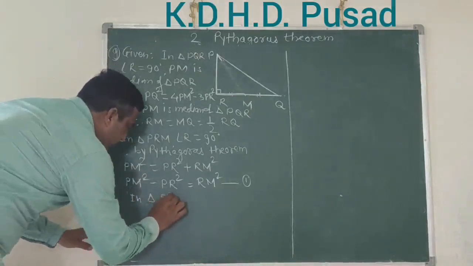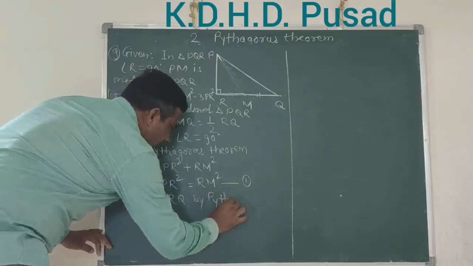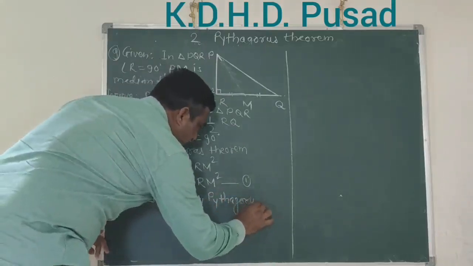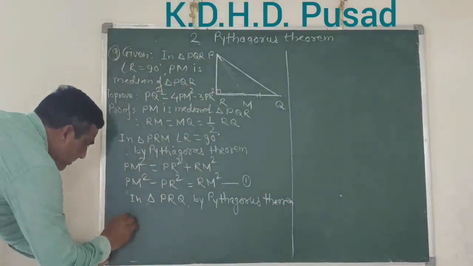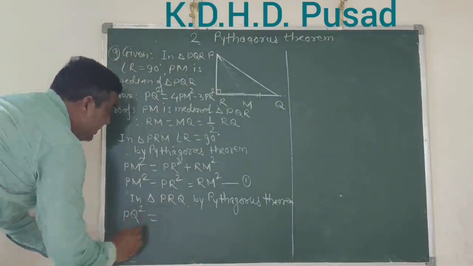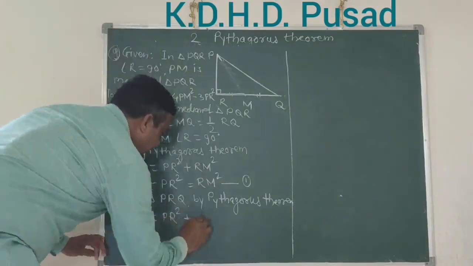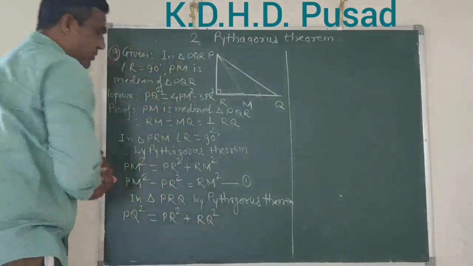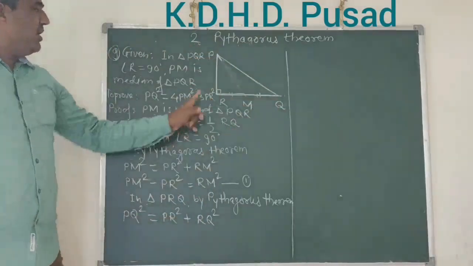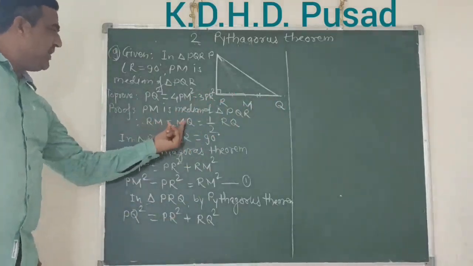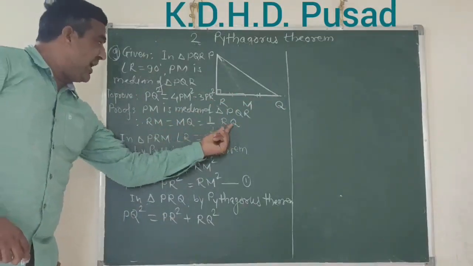In triangle PRQ by Pythagoras theorem, you will get PQ square is equal to PR square plus RQ square. But as RM equal to MQ equal to half of RQ, RQ equal to what?